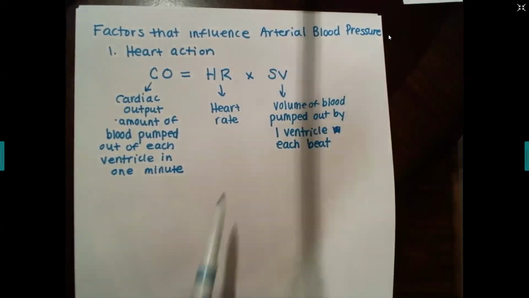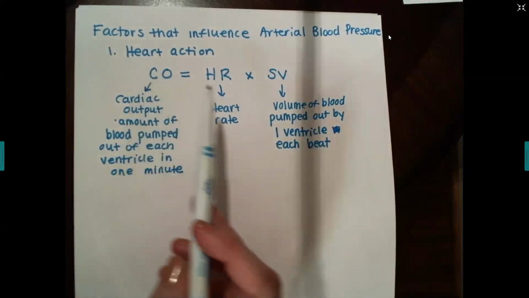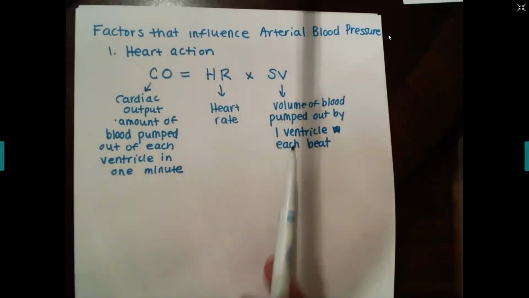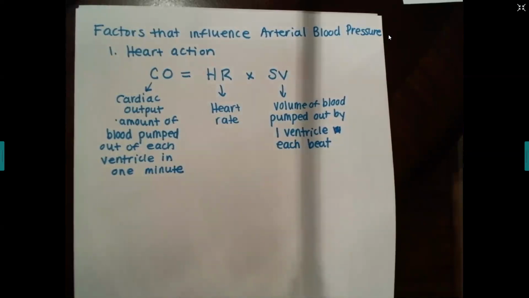So now I'm not looking at the overall output. I'm looking at how much each ventricle pumps in each beat. Let me say that again. How much blood does each ventricle pump in each beat versus in a minute? Okay, that didn't come out very clear. Let me use some numbers here to describe this to you.